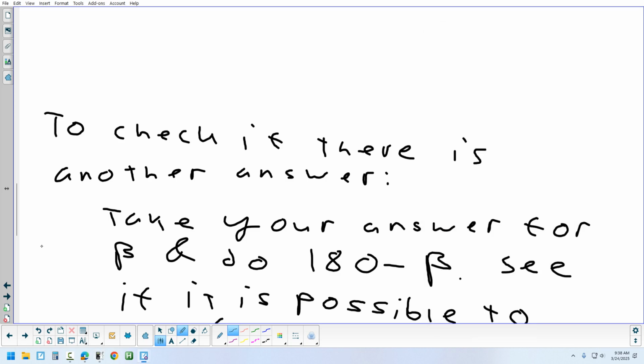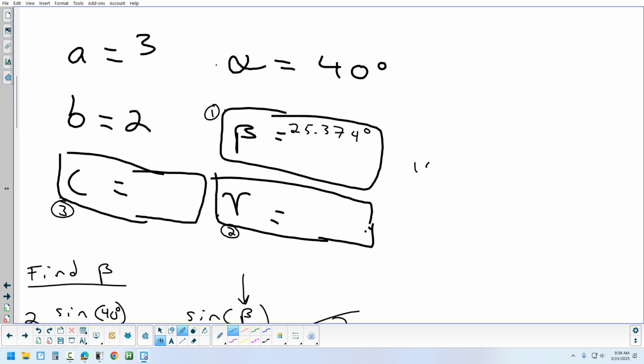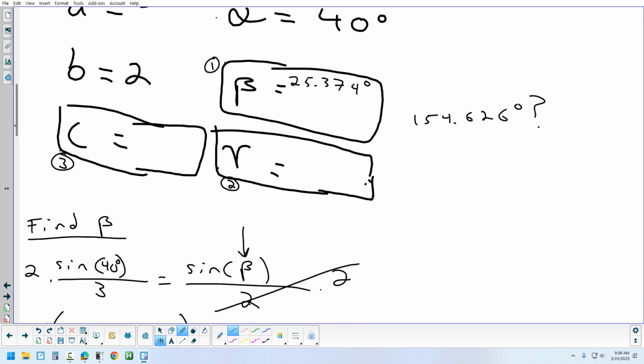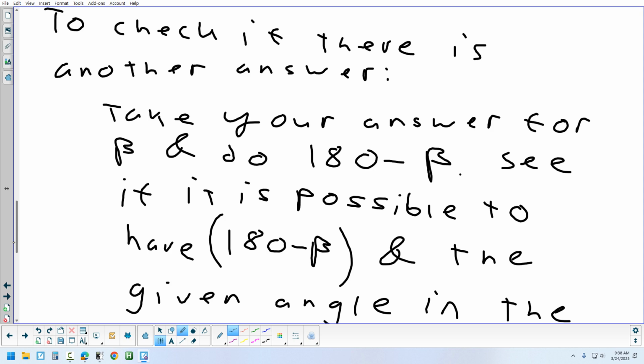I'll put it off to the side as like a question mark. Because I don't know if it works yet. Or a better way to say it is, I don't know if it fits yet. So to get the possible second answer, subtract what you just got from 180.